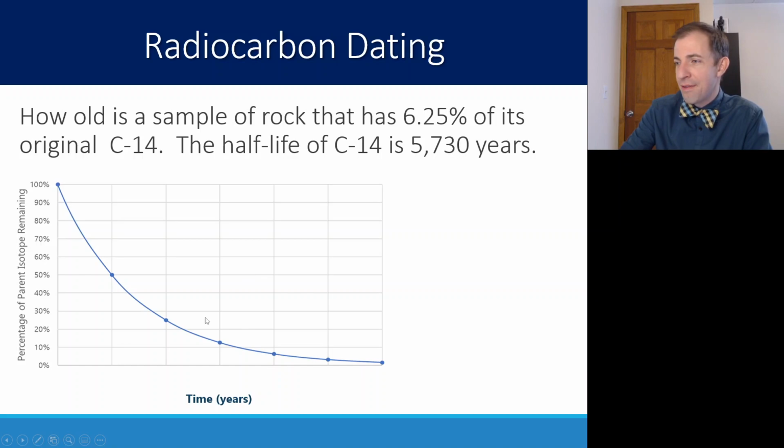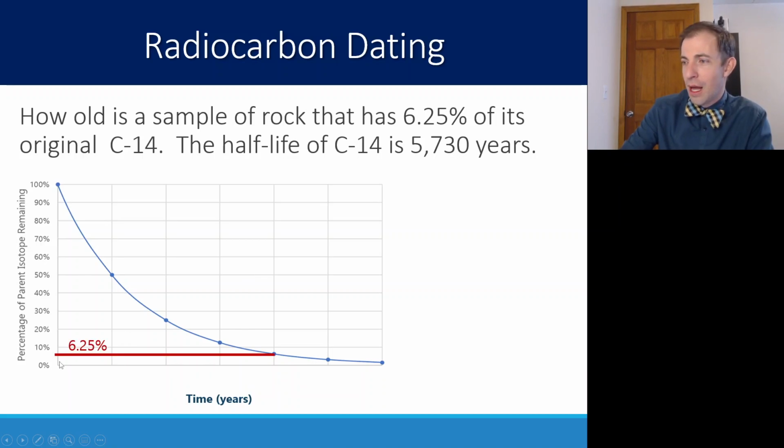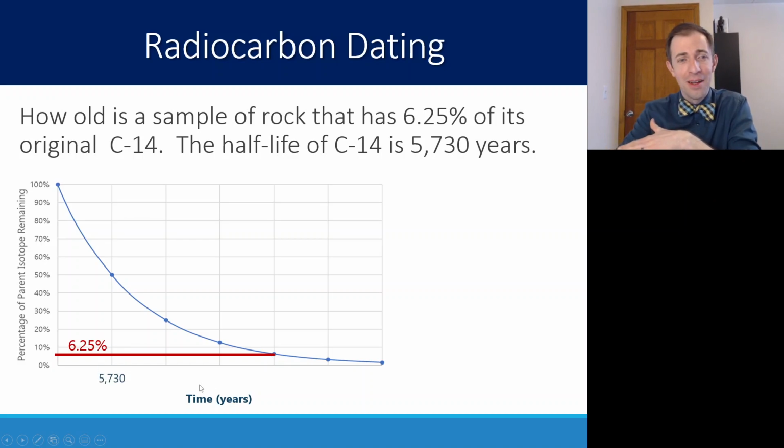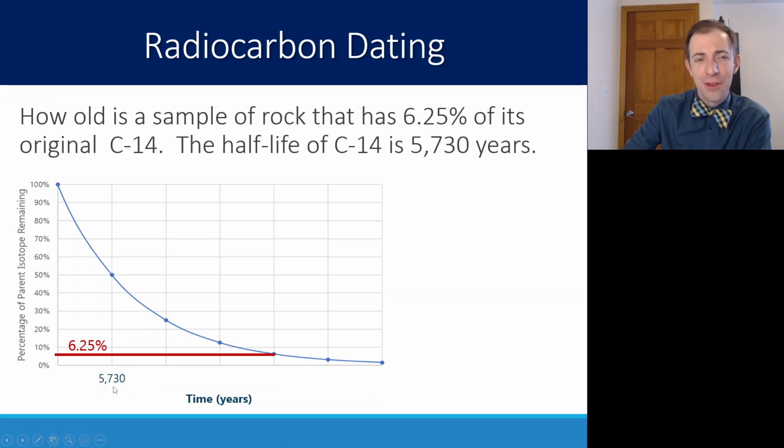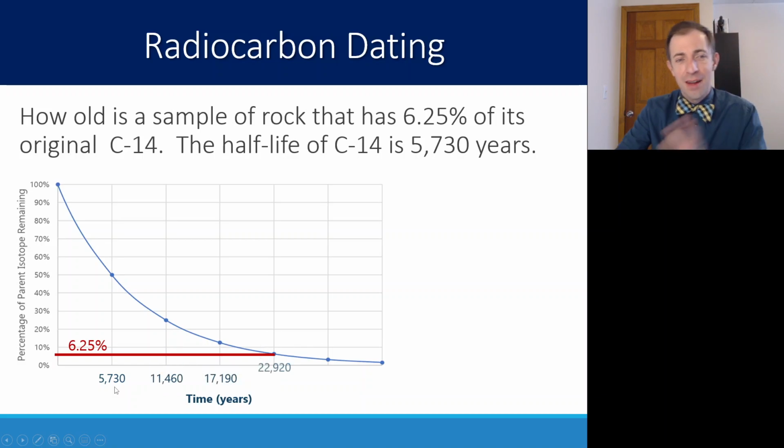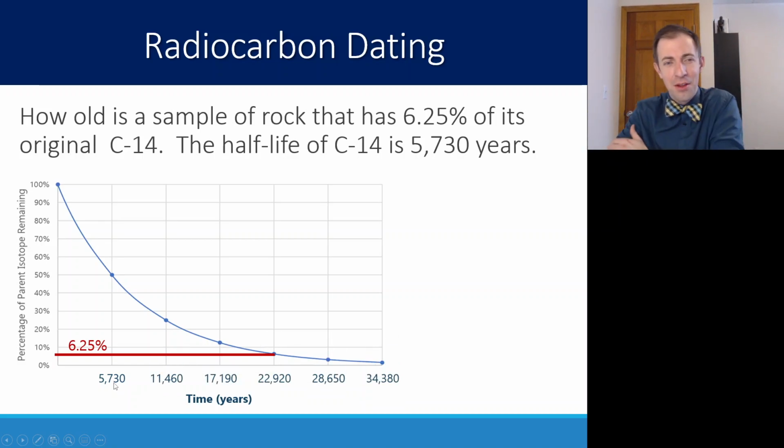Here, if we know the half-life, we can look to see what our x-axis is going to be and how long it takes us to get to that 6.25 decay level. Well, carbon has a half-life of 5,730 years, so we can figure out what that is for each half-life along the way. And it looks like to get all the way down to 6.25, that is 4 half-lives later, which is 22,920 years.